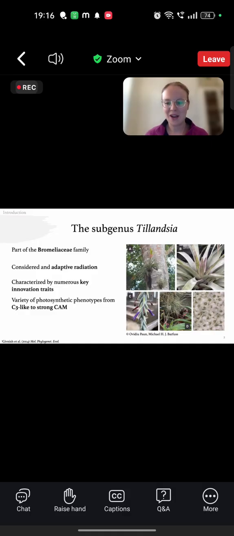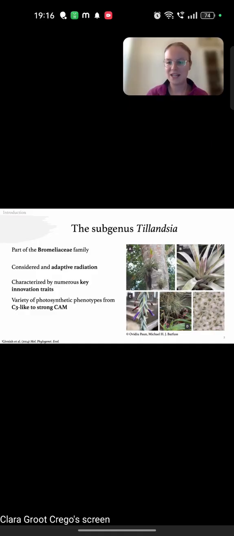And this diversity goes hand in hand with significant ecological and phenotypic diversity. In the subgenus Tillandsia, we are especially interested in a certain number of key innovation traits. These are traits that have evolved often repeatedly in the group and that are associated with diversification. Examples are the epiphytic lifestyle, so these plants grow on other trees.